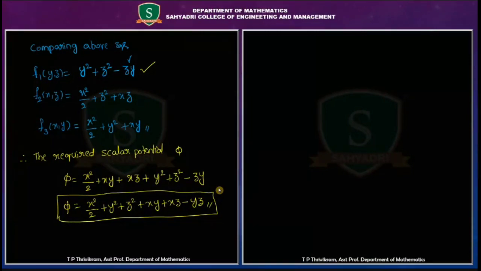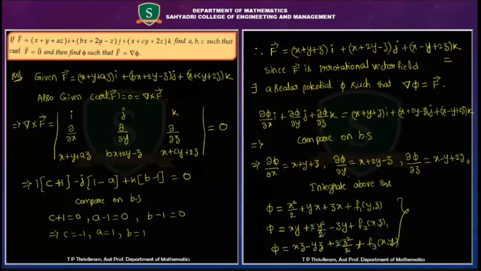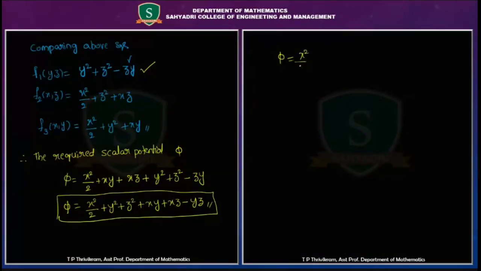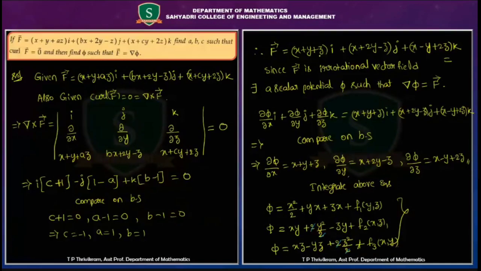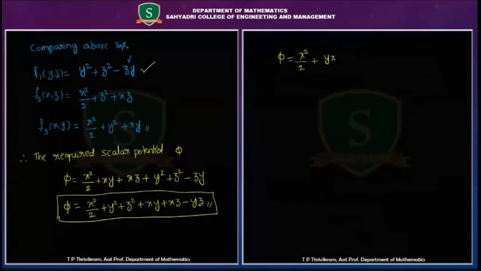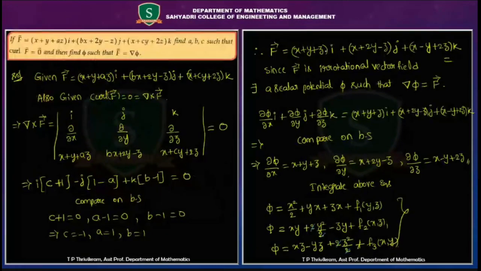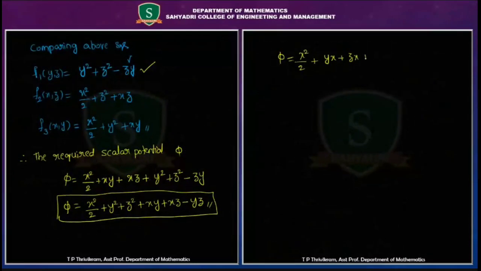Sir, comparing the above equation, can you re-explain? So first I will write the phi values here. Phi is equal to x square by 2 plus yx plus zx plus f1 of yz is there.